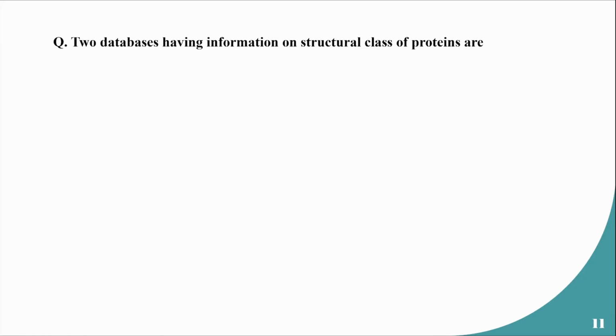So, the structural classification that I was just talking about. Here the question is asking what sort of databases are present which provide information or characterization on the proteins based on the structural classes. Does anybody remember the names of those databases?